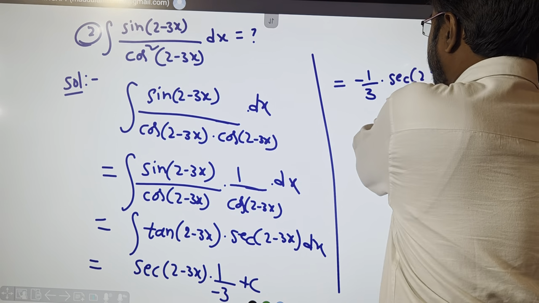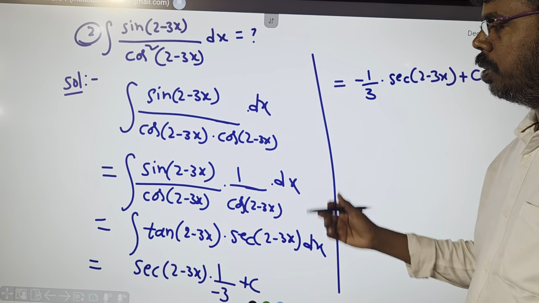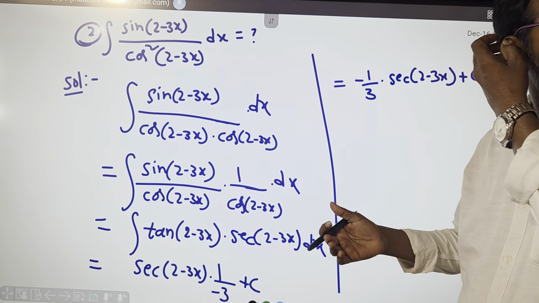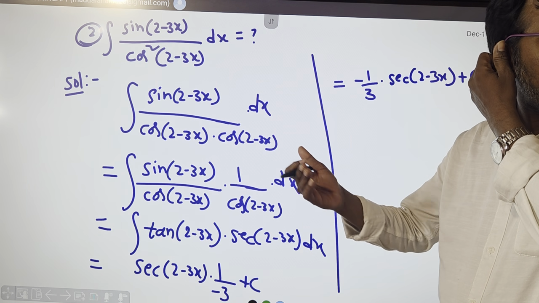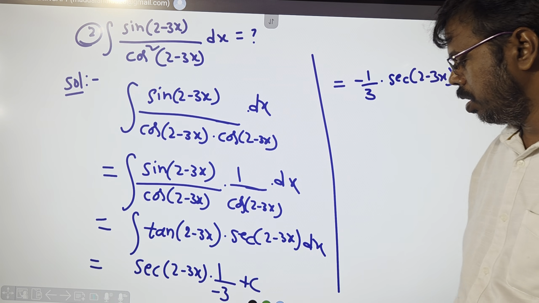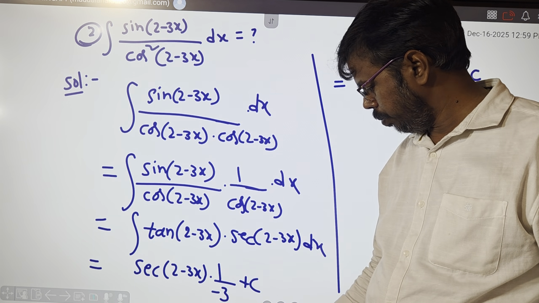That's all. We solved the problem. Very basic methods we are solving. Later we will go to advanced problems: substitution method, trigonometric, inverse trigonometric functions, etc. Next.